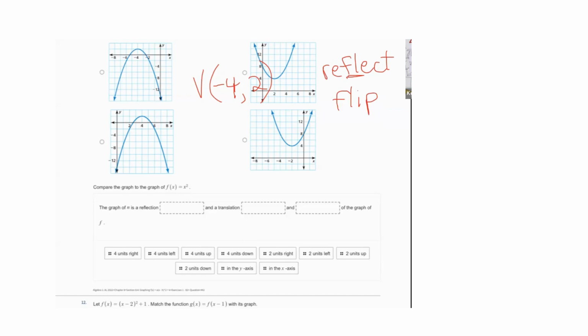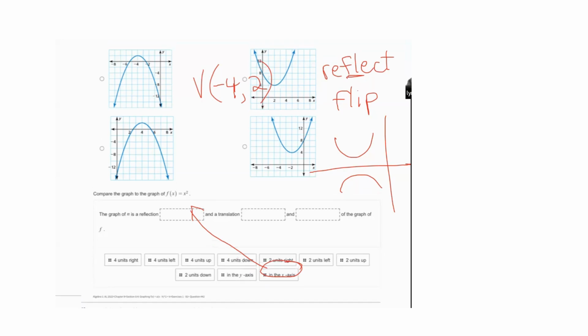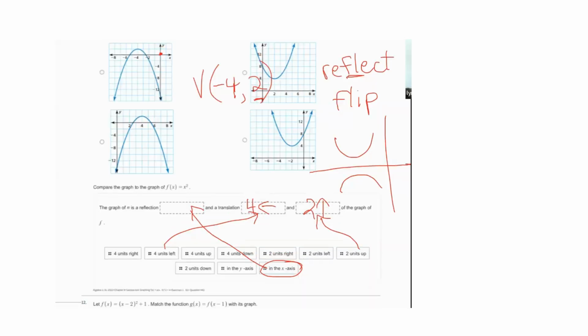So if it were a happy guy and it goes to a frowny, is that flipping over the x-axis or the y-axis? X. It's flipping over the x-axis. So it's a reflection in the x-axis. And then it's a translation. How many units left or right and how many units up or down? So it went 4 left and 2 up.